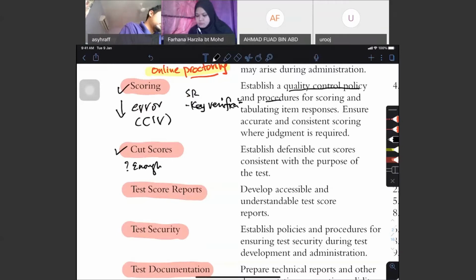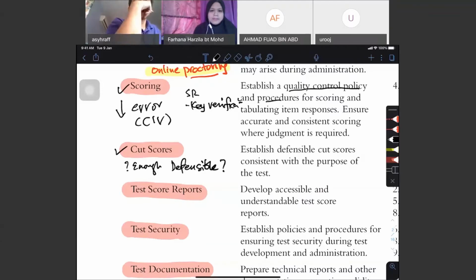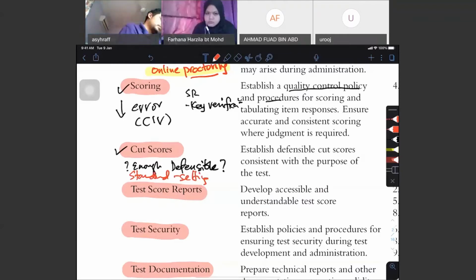And is it defensible? What if someone complains and says, no, I should pass? And things like that. So this is the area of standard setting, which we will go into in a bit more detail. Okay, standard setting. There are two things: standard setting strategies, and standard setting approaches or methods. So we will look at both.